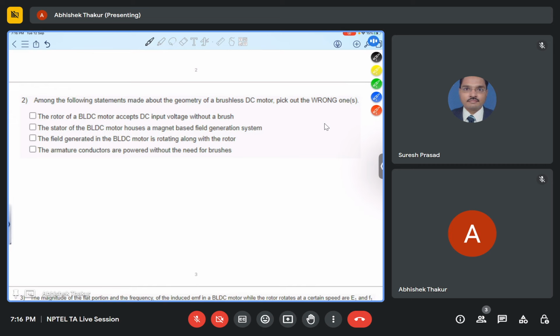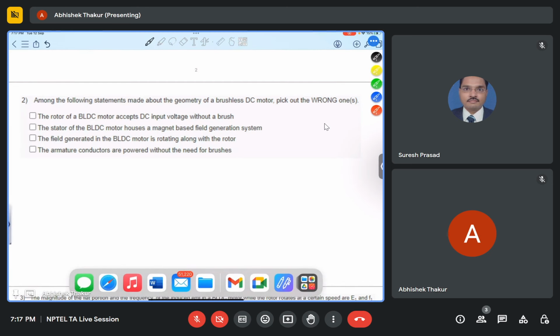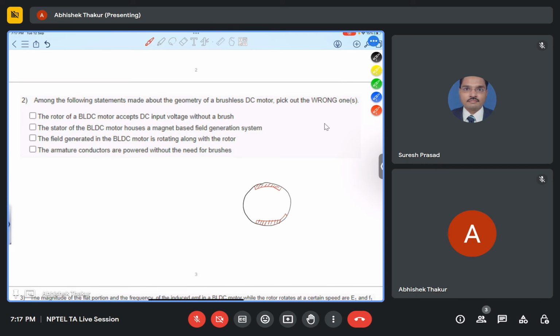We know that the field generated in the brushless DC motor is rotating along with the rotor, because with the rotor we have a magnet. Let's suppose this is south pole, this is north pole, and this is also south pole, this is north.